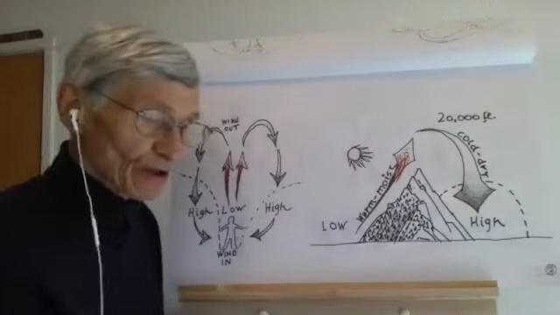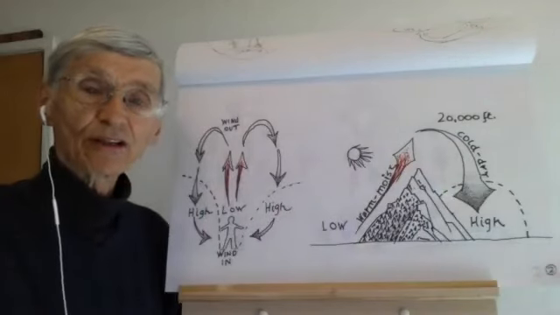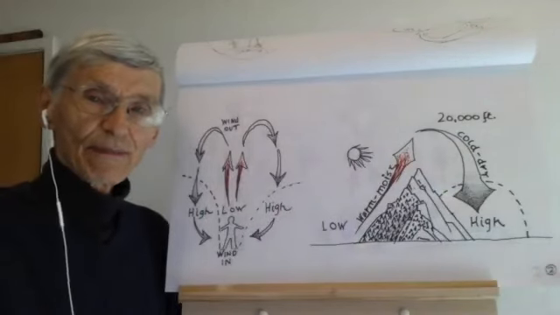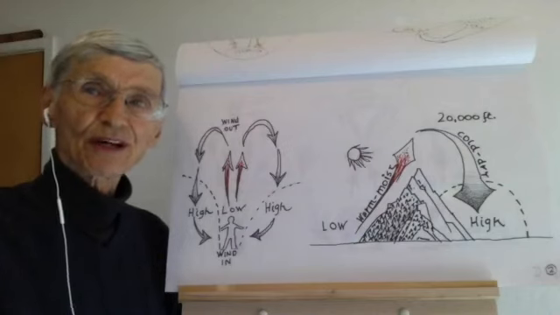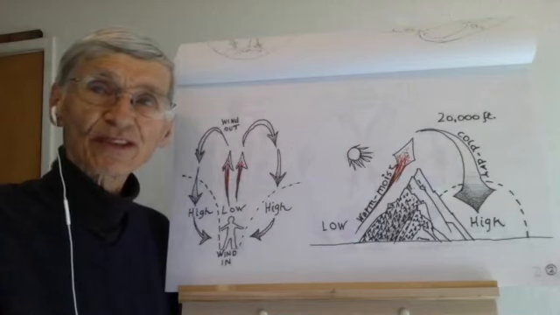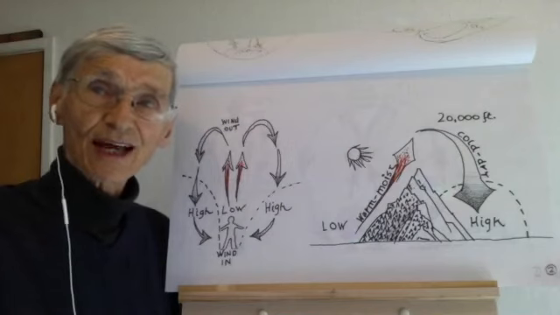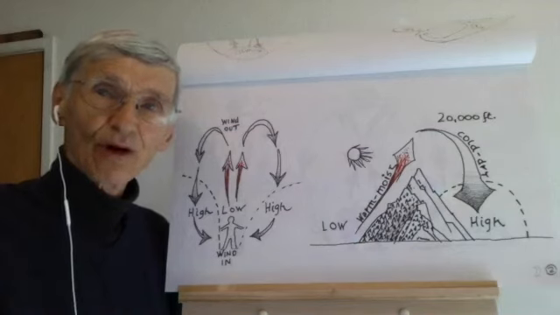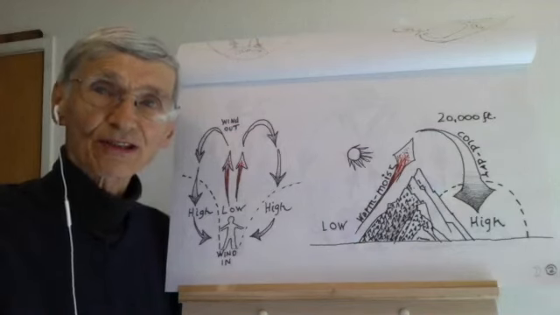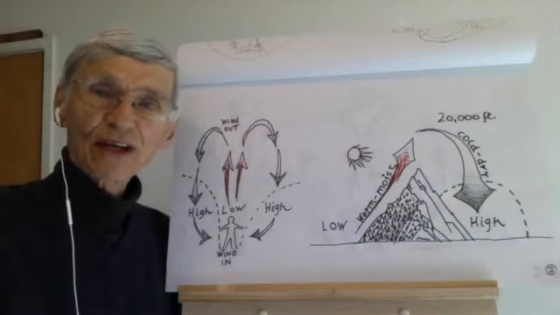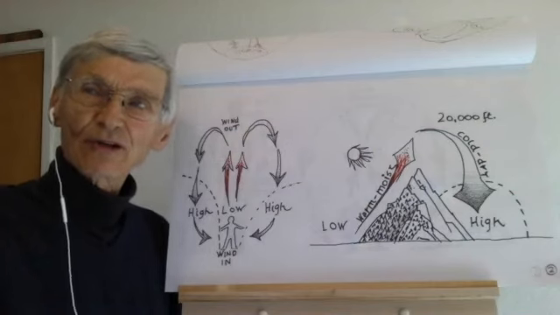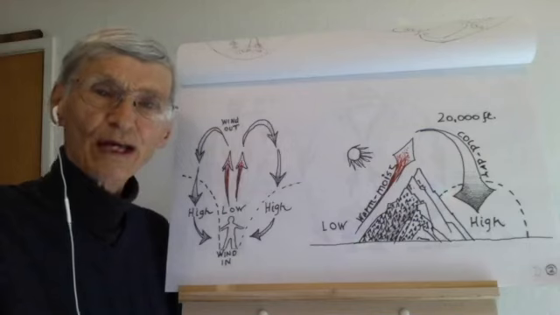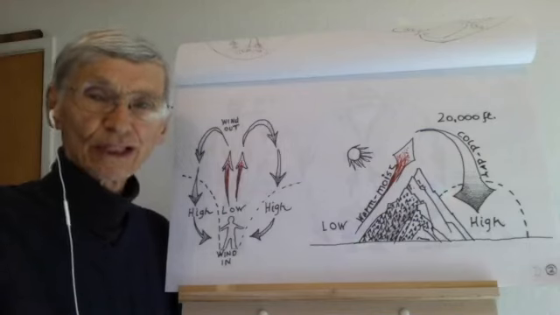A high pressure air mass rotates clockwise. And that means that the winds blow on the eastern side from north to south, northwest to southeast. And on the back side, they blow from southwest to northeast to give that clockwise rotation. And that is called a ridge or a blocking ridge.